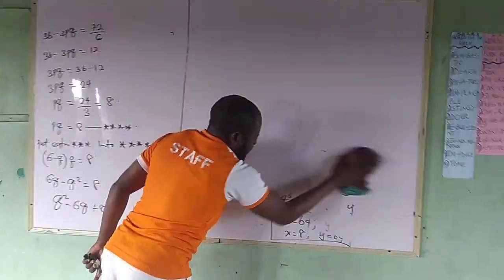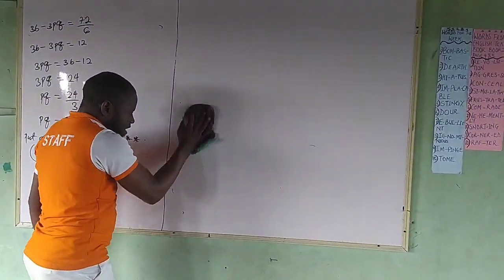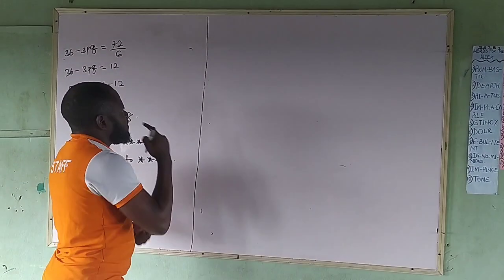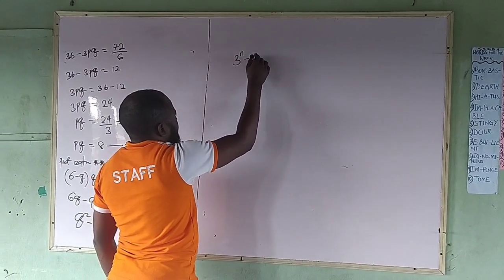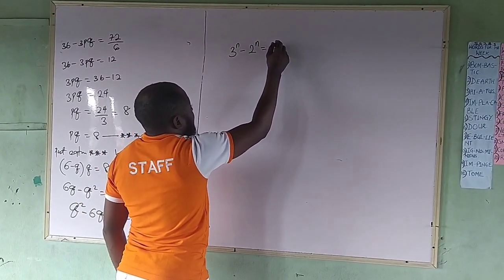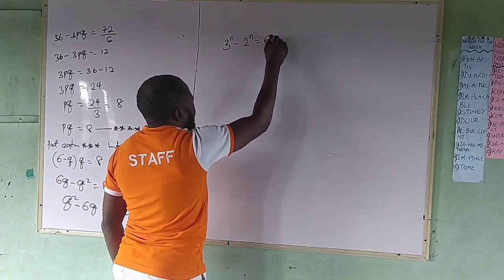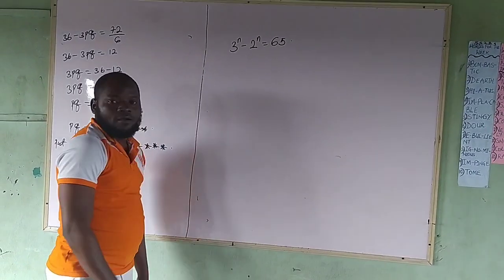For the second equation, it is very, very easy for you to get what the answer will be. This is 3 to the power of n minus 2 to the power of n equals 65. Wow.